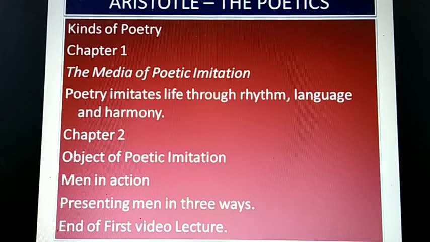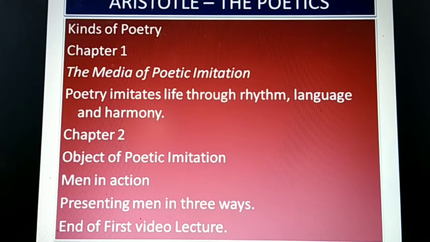The second chapter is titled Objects of Poetic Imitation. Art seeks, according to Aristotle, to imitate men in action. Hence the term drama.